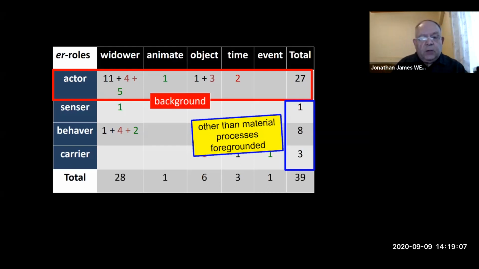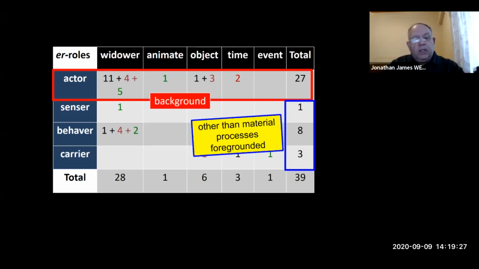So in terms of kinds of process, doing process has 27 mentions, as opposed to 1 related to sensing, 8 for behaving, and 3 for relating.